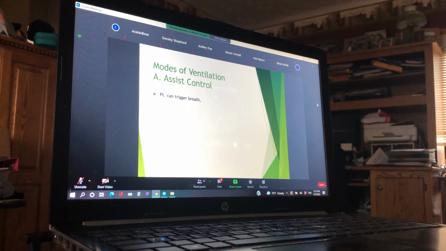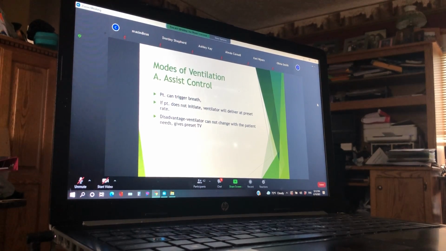The patient can trigger the breath, but if the patient does not initiate one, the ventilator delivers it at a preset rate and volume. I want you to circle the word control. And I want you to put that the ventilator is in control, not the patient.